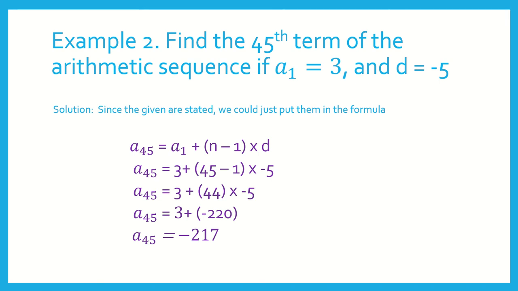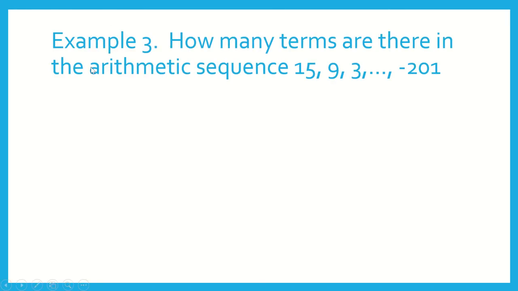Now let us have our last example. Example number 3. How many terms are there in the arithmetic sequence 15, 9, 3, and the last term is negative 201? Again, the question is how many terms, meaning the missing is n.